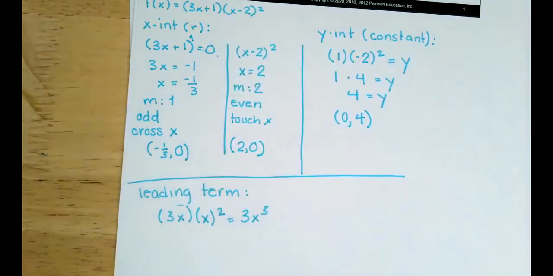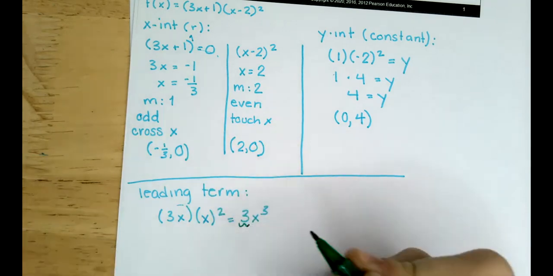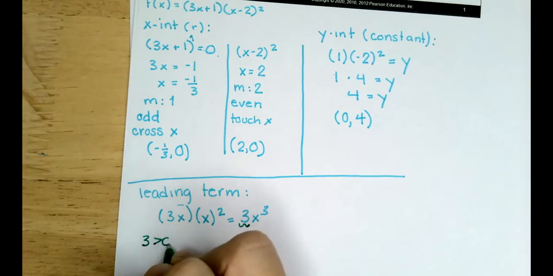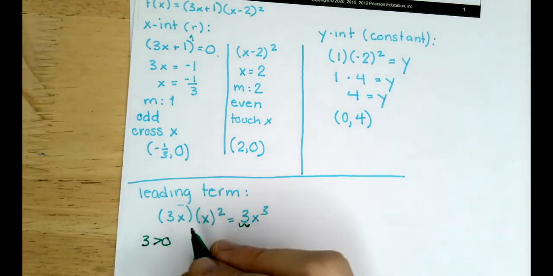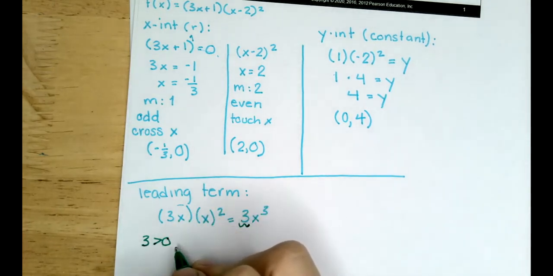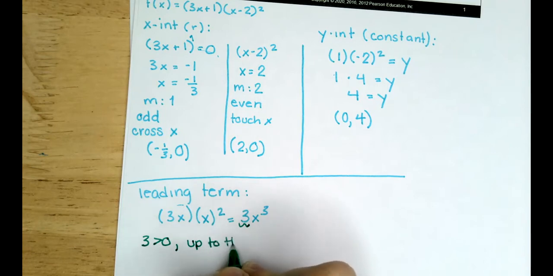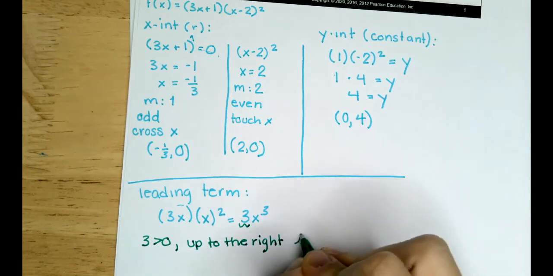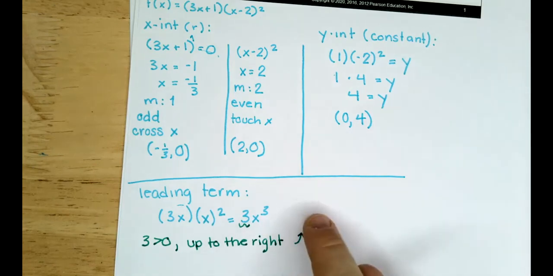We need to look at this number. If this number is positive, which it is, 3 is greater than 0, so the ends go up to the right. Whatever happens to the graph, it ends with an up arrow.